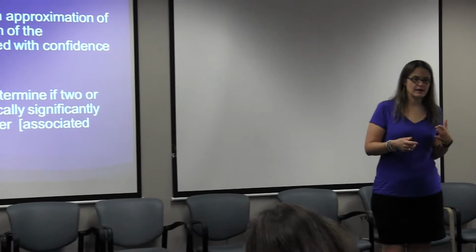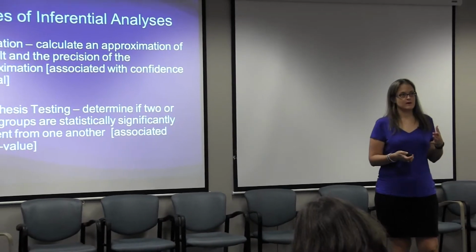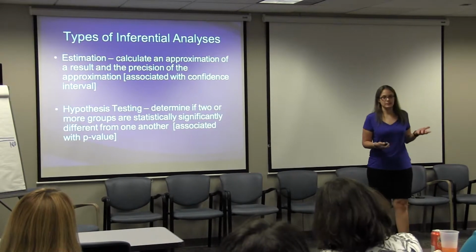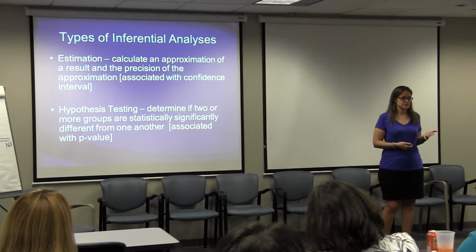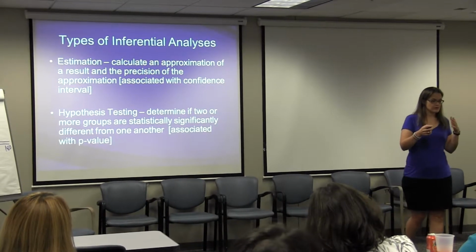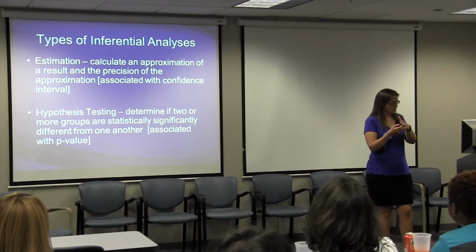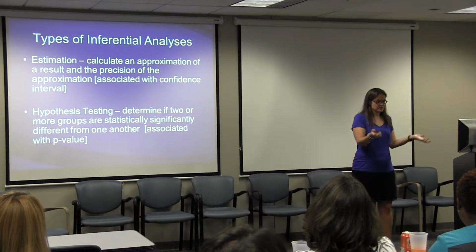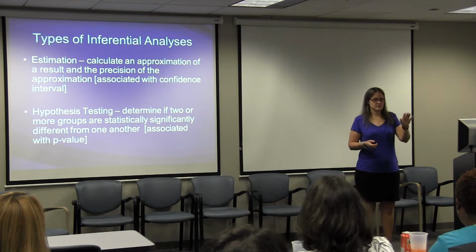So there are two types of inferential statistics: estimation and hypothesis testing. Estimation is the kind of question that asks, maybe, what is the rate of a particular complication associated with a procedure? You're not asking a question about, is this different from that? It's more like, out of this group of patients, how often does something happen?